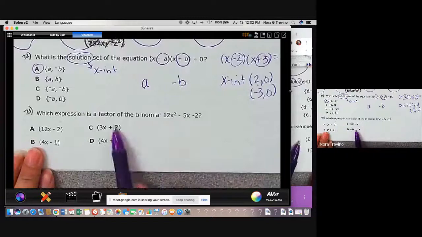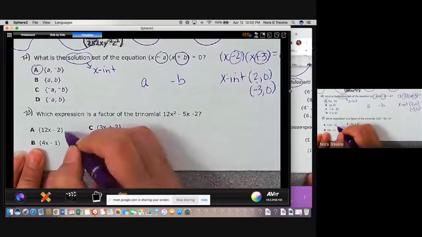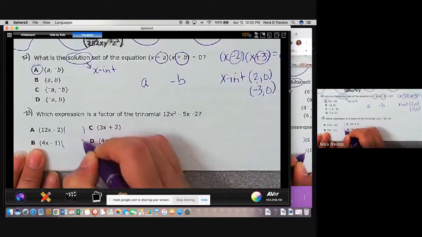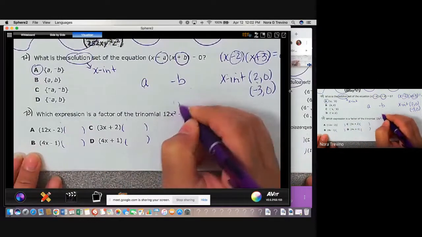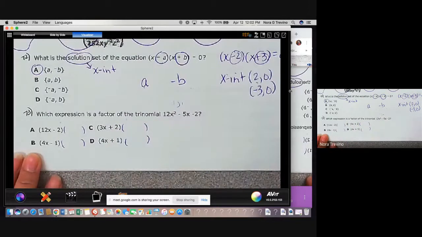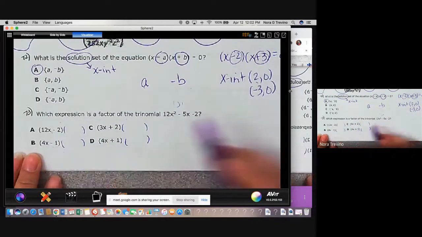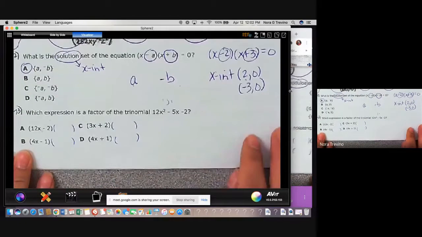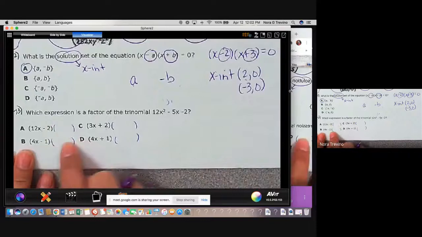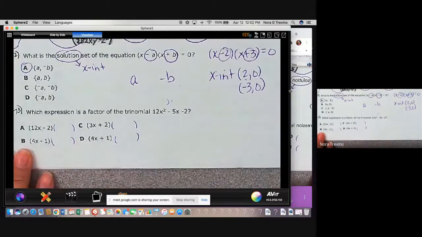Which one of these is one of the x-intercepts? So they didn't give you both. If they had given me both, then I would just put this on y1, these on y2, and check my tables. They didn't give me both. Okay, they're just saying which one of these is one of the x-intercepts. So here's what you do. Whenever you don't have both parentheses and they only give you one, you need to do this.